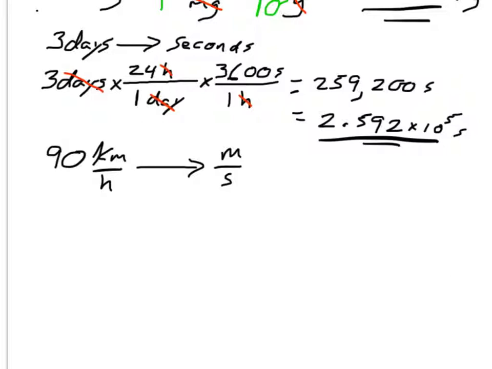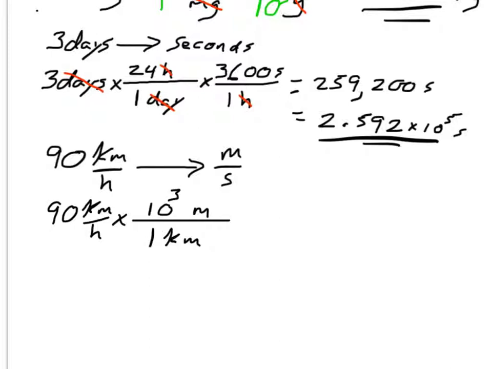Write down what you know. 90 kilometers per hour times, and a line. I'm going to go from kilometers to meters. 1 kilometer is 1,000 meters. Kilo is the SI prefix 10 to the 3. So 10 to the 3 meters, 1 kilometer.